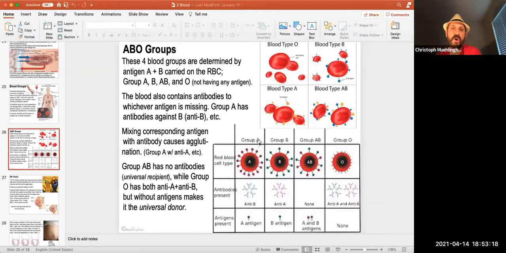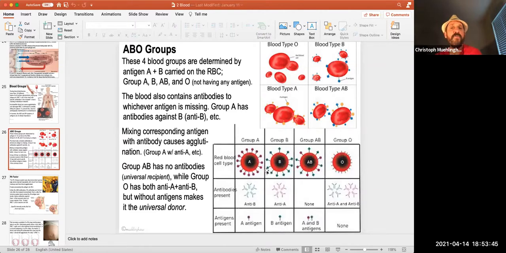The markers are A and B. The groups are named by the marker. So the antigen is the marker. In group A, we have antigen A present, and that body has antibodies to the B antigen, so the opposite. It has antibodies to the opposite blood type.